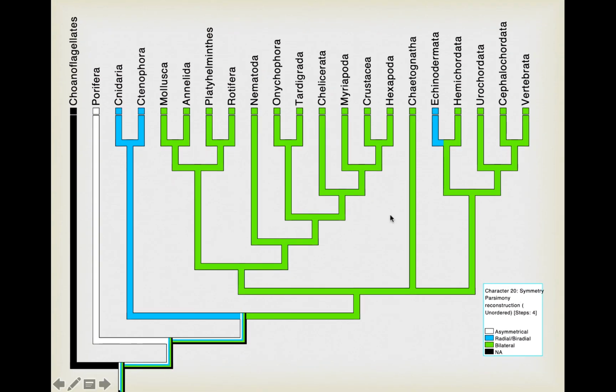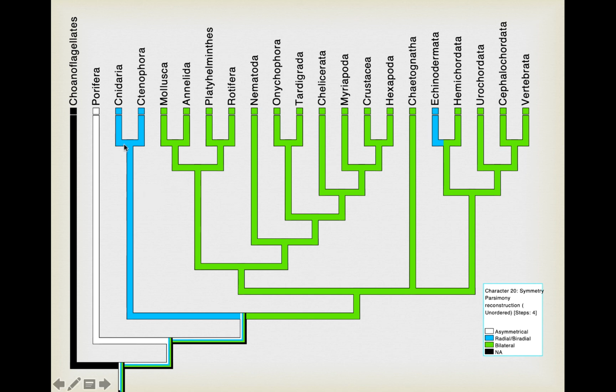So let's look at the typical pattern of symmetry evolution in animals. It's really interesting. When we talk about the sponges, remember, they're just kind of masses of cells, and they don't even share any true symmetry. At best, they're kind of radial, but they're really just blobs.